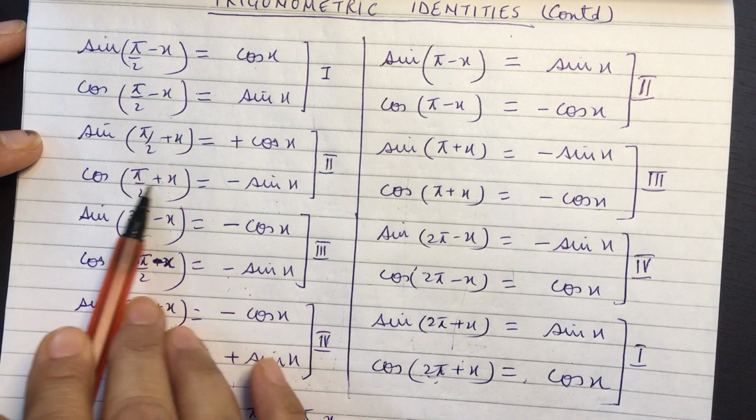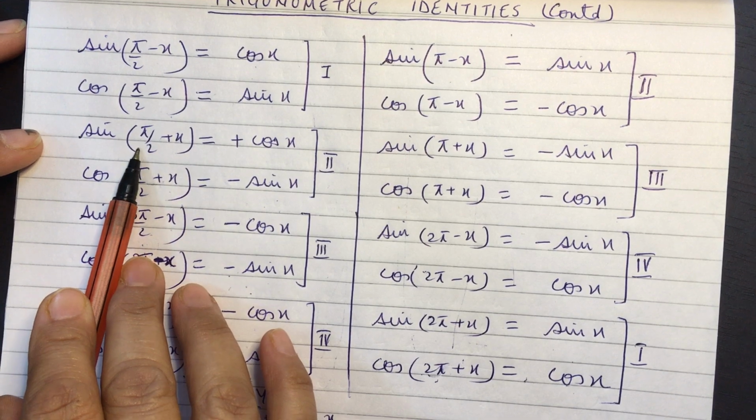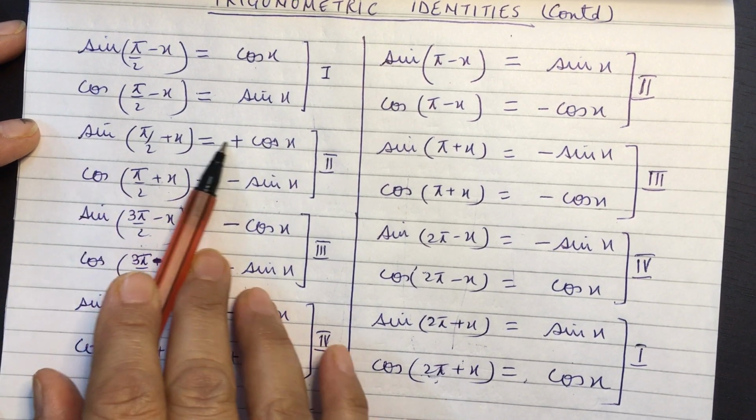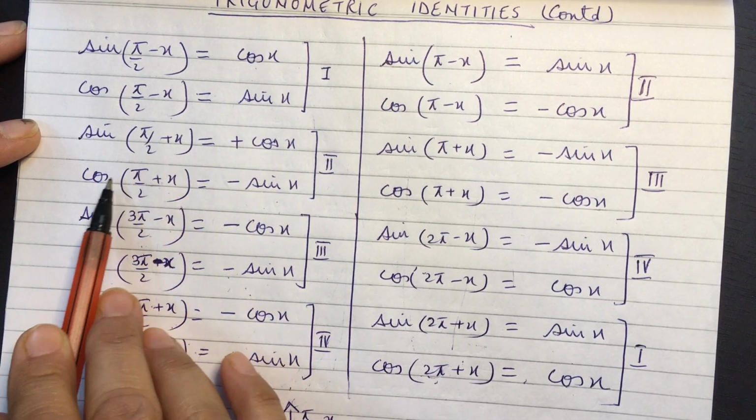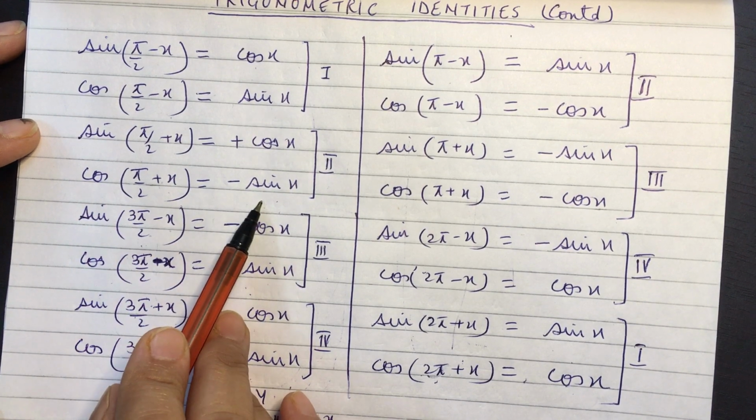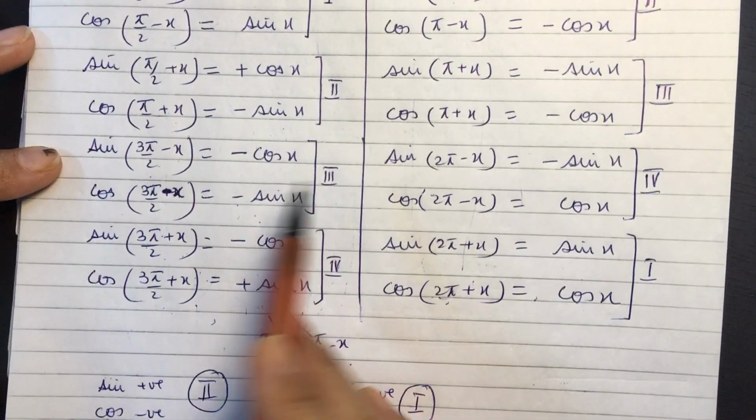This angle is in the second quadrant, and we know that in the second quadrant sine is positive, so we get the result as positive, and cos is negative, so we get the result as negative.